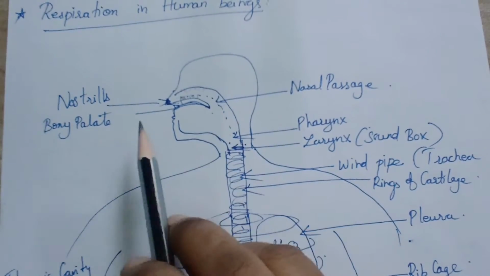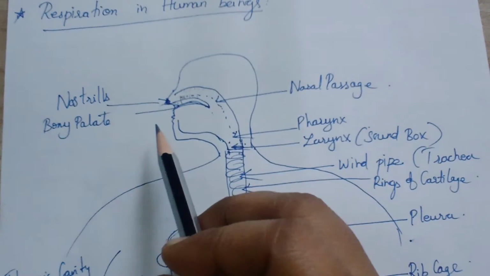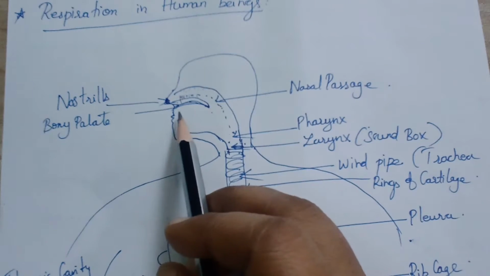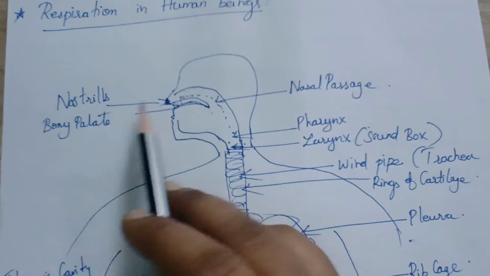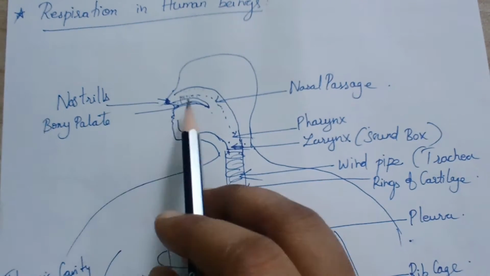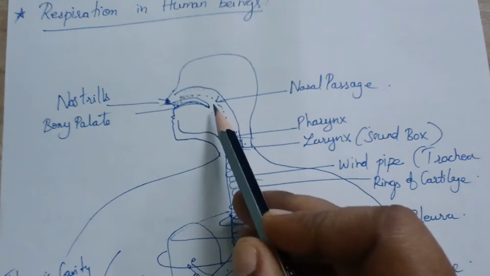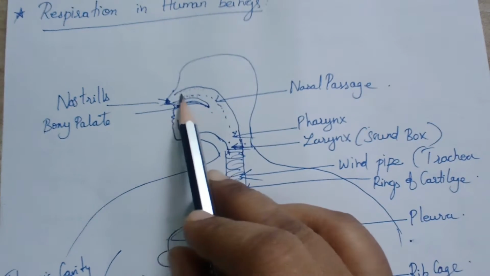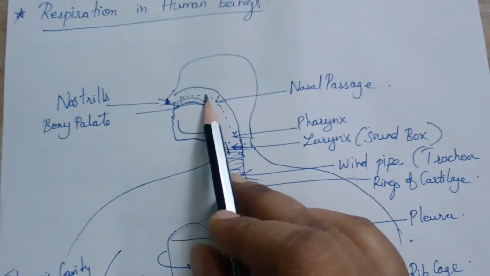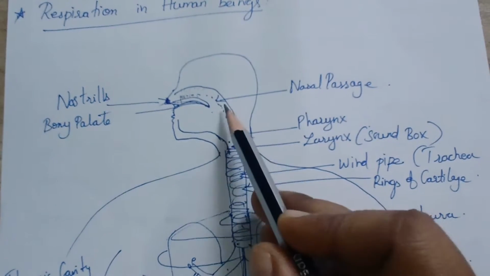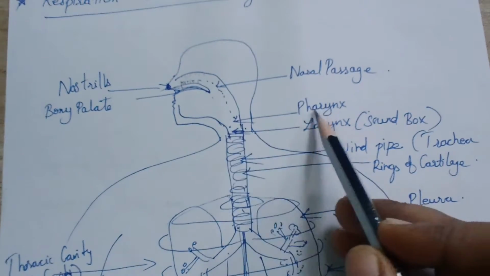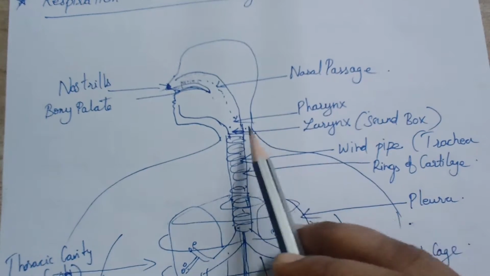In the upper part of the mouth you will have a plate-like structure. Bone will be there. That is the bony palate. It is present here, and the air that enters through the nostrils will pass through the nasal passage and enter the pharynx.